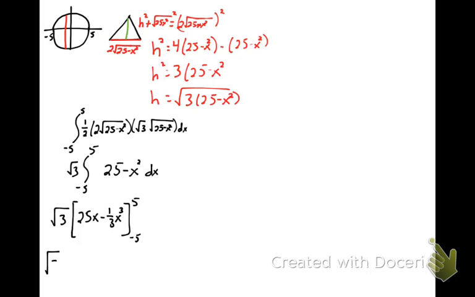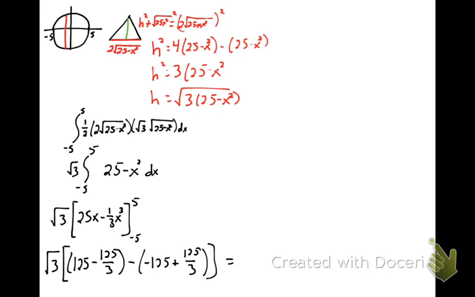Plugging in my upper limit, which is 5, we end up with 125 minus 125 over 3, minus, plugging in my lower limit, I get negative 125 plus 125 over 3. I don't want to forget my root 3 when I combine everything. This ends up being 250 root 3 units cubed for volume.